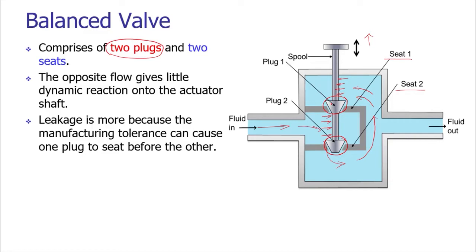If there are inaccuracies or imperfections in the machining of plug 1 and plug 2, then we may have leakages from plug 1 or plug 2. Therefore, the machining of the taper of plug 1 and plug 2 and the tolerances are to be tightly maintained during the machining process.